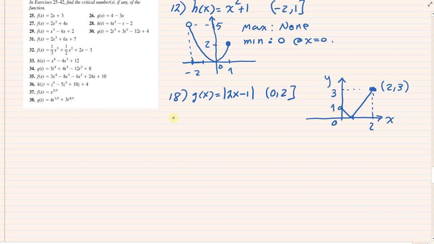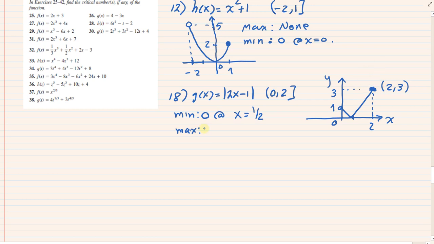Now, let's go with minimum. Minimum is this point, right? No point lower than that. So the minimum of the function is 0. And again, we attain that at x equals 1/2. And in the case of the absolute maximum, well, let's see, absolute max is this one right here, right?